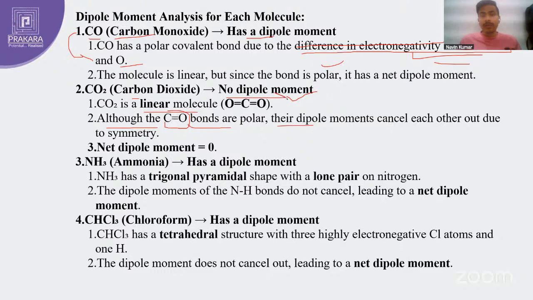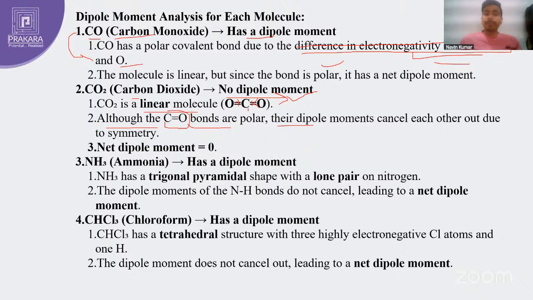It's a linear molecule, and due to this symmetry, the carbon will cancel out the dipoles of the oxygen, and the oxygen will cancel out the dipoles of the carbon. In very simple language, you can remember it will have a net zero dipole moment.